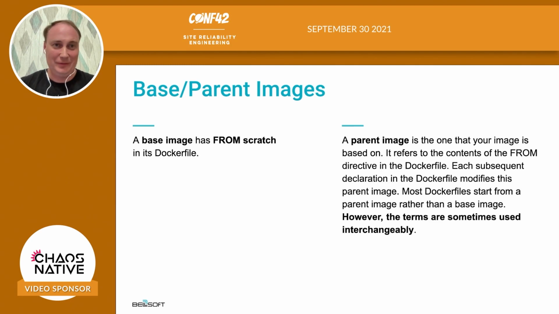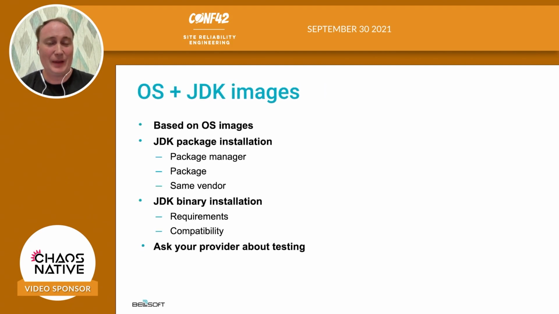So I will use base and parent image terms both for the same thing. And then we put the Java runtime into the container image. It can be done in different ways. Basically, very simple options, like we can drop a binary, extract it, and create all necessary dependencies. That's one of the ways.